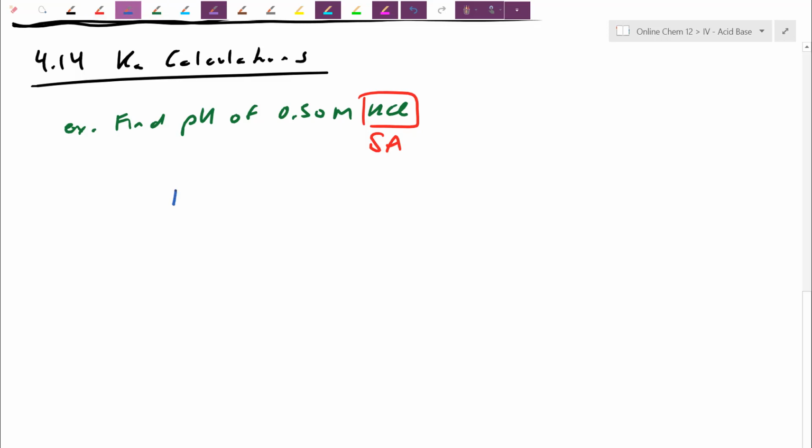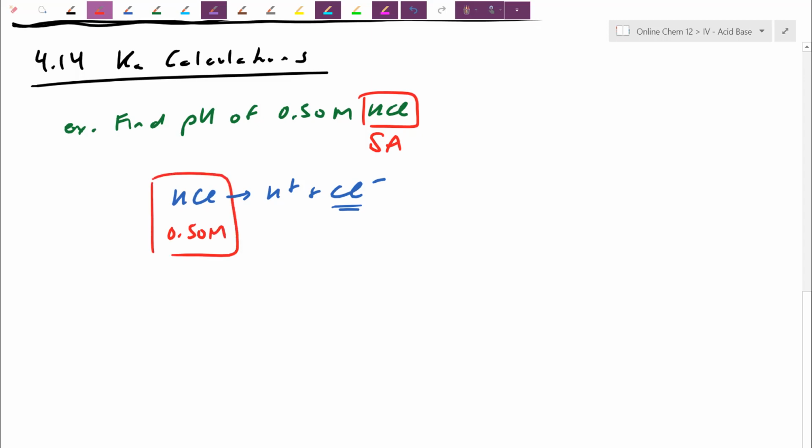So we're going to actually have HCl, one-way arrow, gives H plus and Cl minus. That's why Cl minus was a spectator for our hydrolysis section. It really had no ability to go backwards. And being a one-way arrow, no equilibrium, we can actually predict our numbers really easily. If I start off with 0.5 molar HCl, it's a 1-to-1 ratio. This is going to break up completely. 0.5 molar H plus, 0.5 molar chloride.